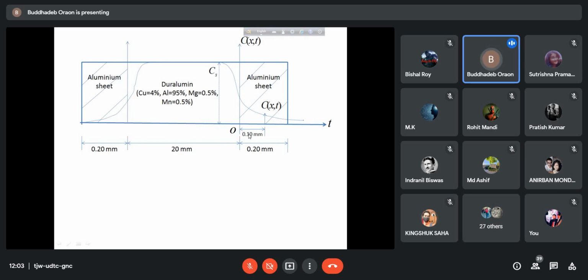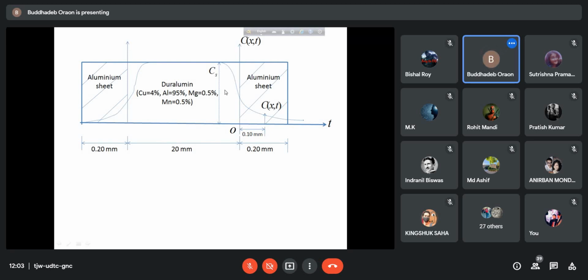From here, what we expect is that if the temperature is quite high, the copper will diffuse into the pure aluminium sheet. For the concentration profile, we are considering the right hand side, with the origin at the contact surface between the two.